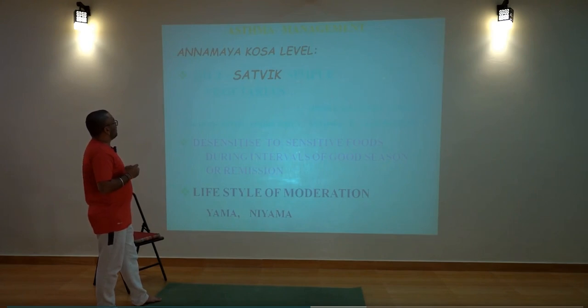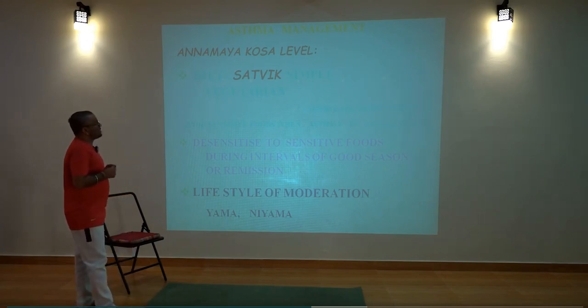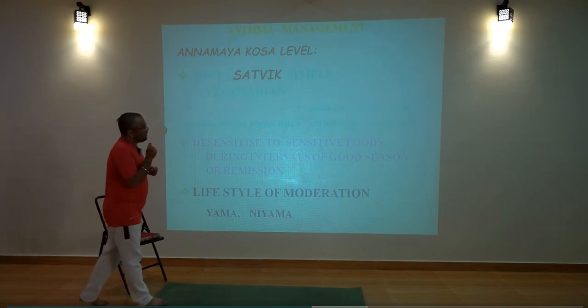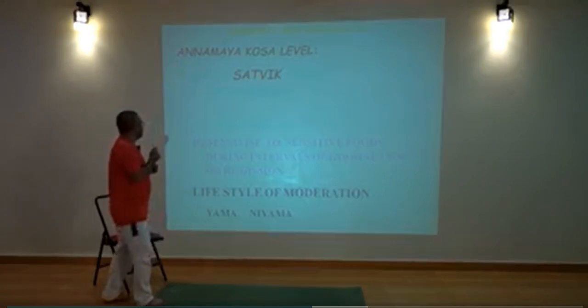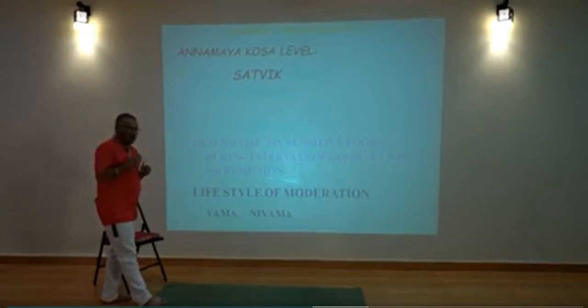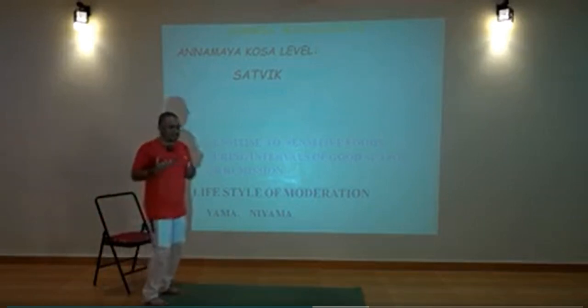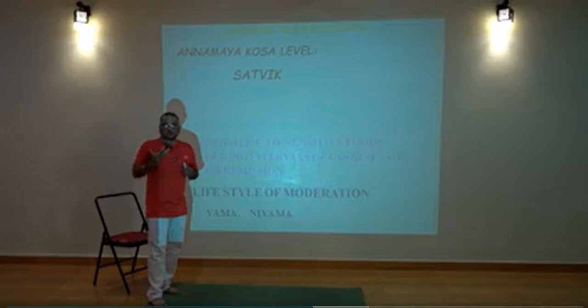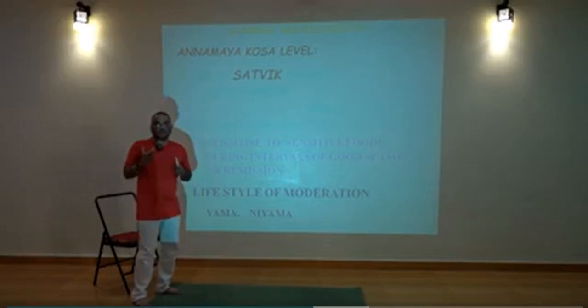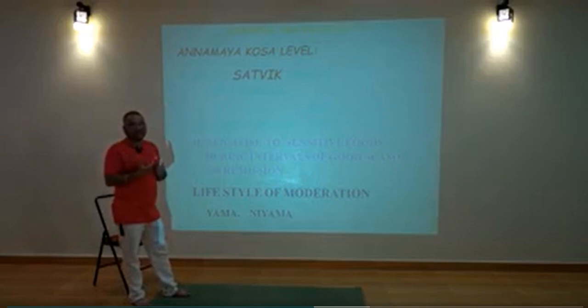At the Annamaya Kosha level, if you have to work on the asthma management, the diet has to be sattvic, that is simple, vegetarian, and avoid late, heavy supper. We have to avoid the late, heavy supper, because after that the activity is not there, the pressure comes to the lungs, and it increases wheezing and tightness in the chest muscles.